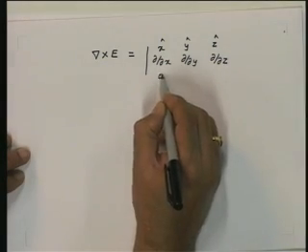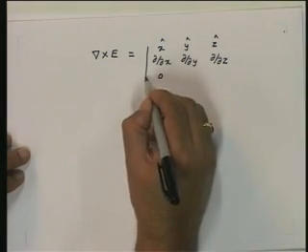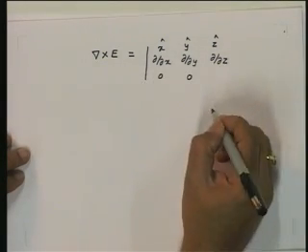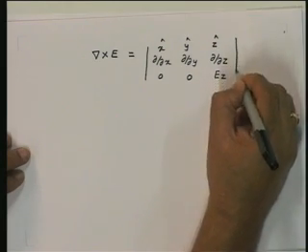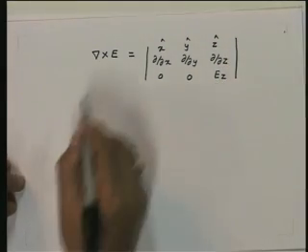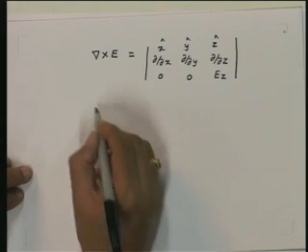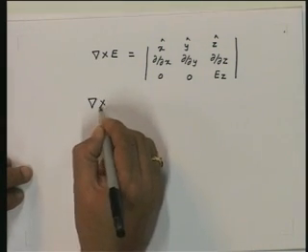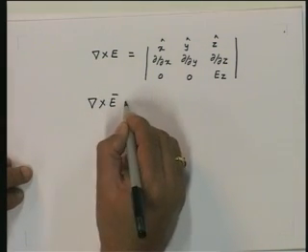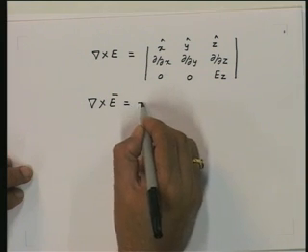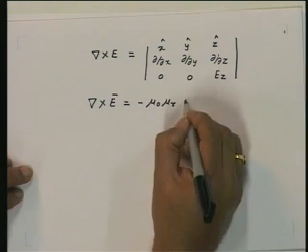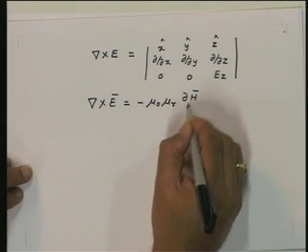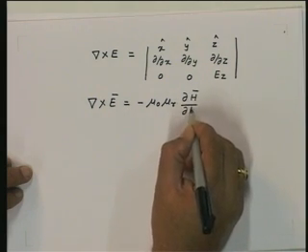So, x component of E is 0, y component is 0, and I have z component Ez. Now, we know from Faraday's law that del cross E is equal to minus mu 0 mu r dH by dt.